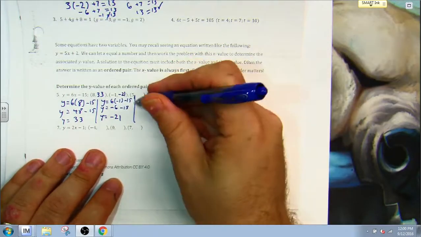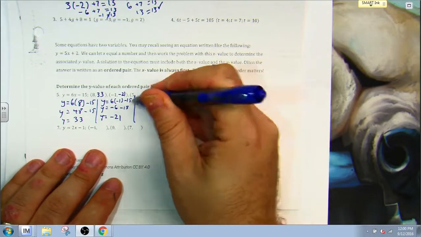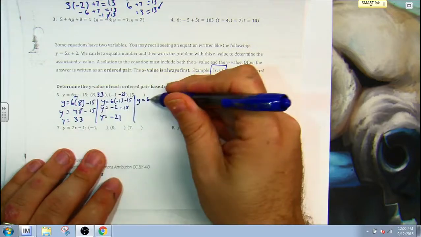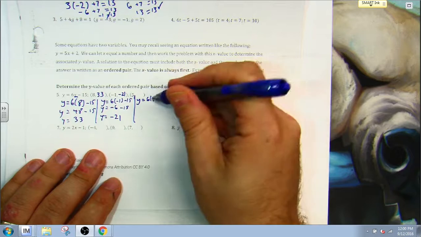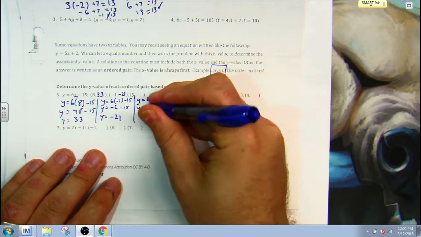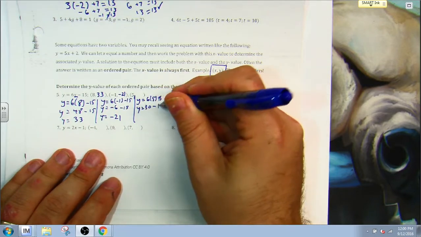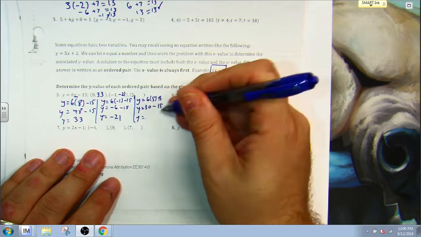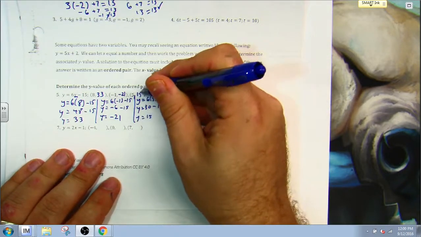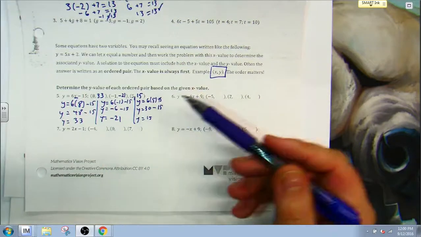So y equals 6x, but instead of x, I write 5, times 5 minus 15. 6 times 5 is 30, minus 15. 30 minus 15 is 15. And so we'll write 15 in there where the y value is supposed to be.